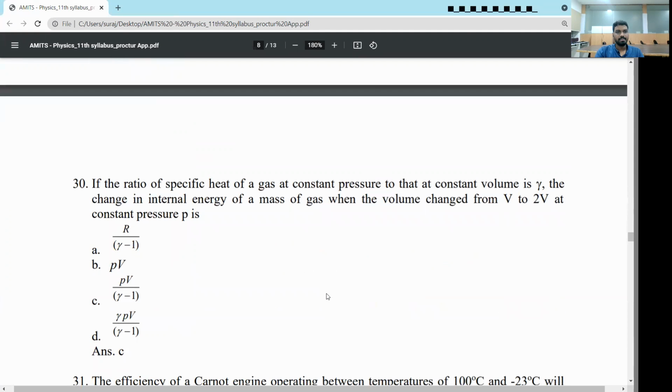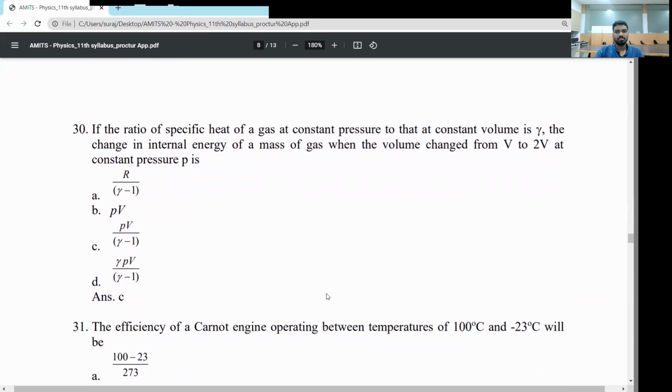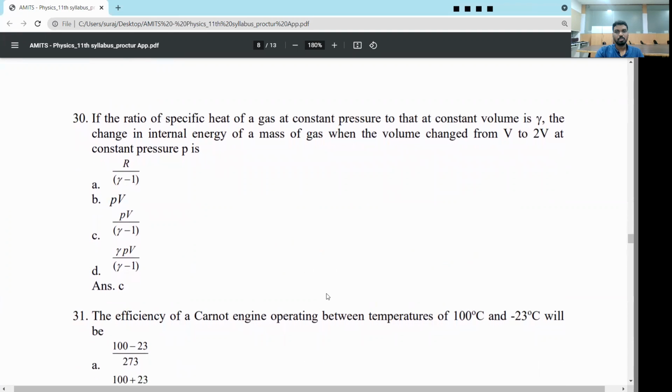Now question number 30. The ratio of specific heat of a gas at constant pressure to that at constant volume is gamma. Cp by Cv is given as gamma.